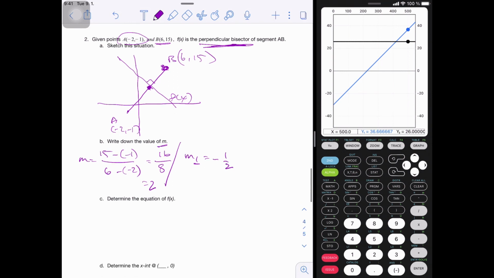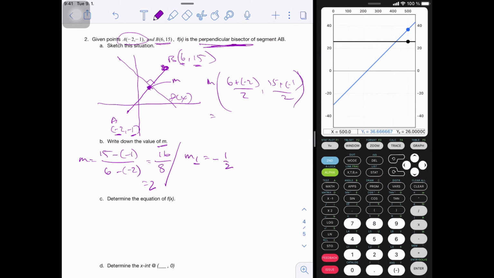I flip it and change the sign. To find the equation of this, I also need this value here, the midpoint, M, I'll call it. And M takes the x values, adds them together, divides by 2. So the average x, and it does the same thing for the y values. It takes 15 plus the -1 divided by 2.